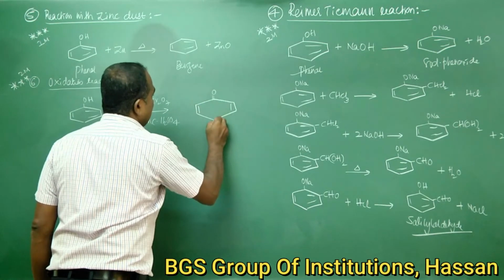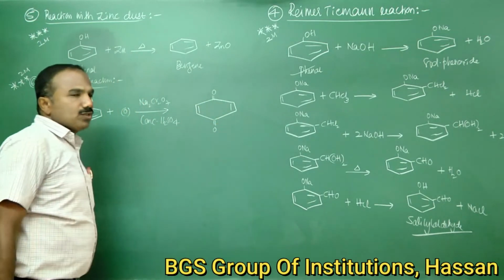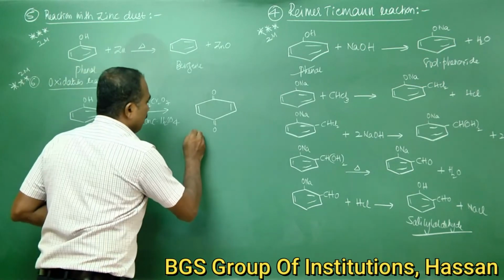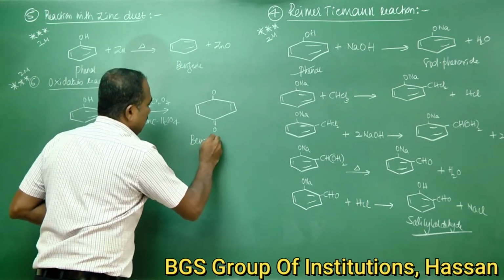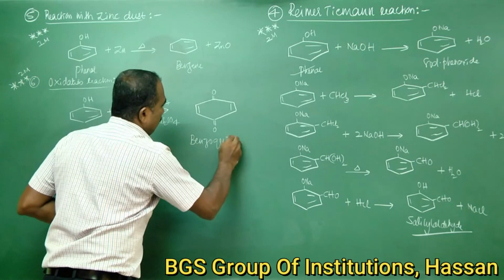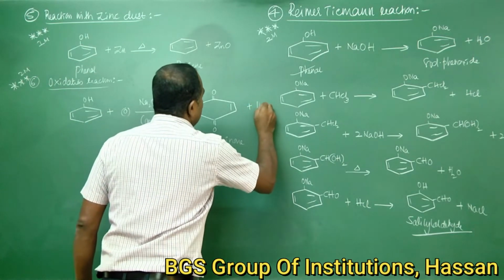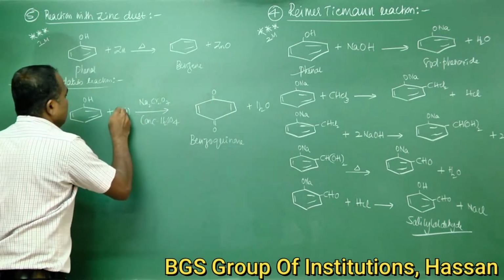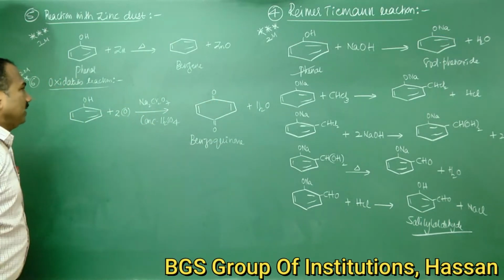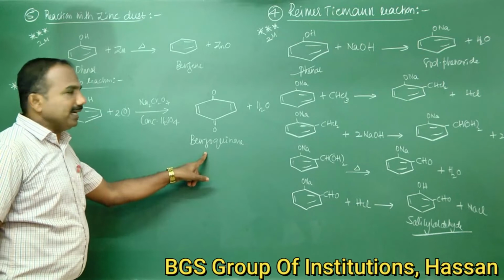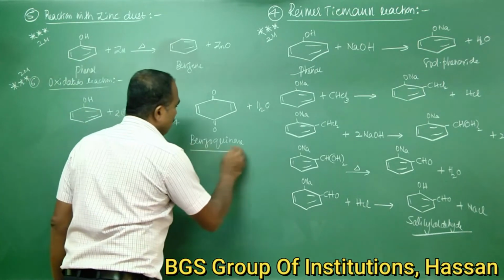That conjugated diketone is nothing but benzoquinone, plus H2O. We take two nascent oxygen here, and we get the conjugated diketone, that is benzoquinone.